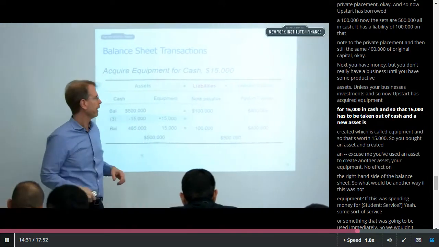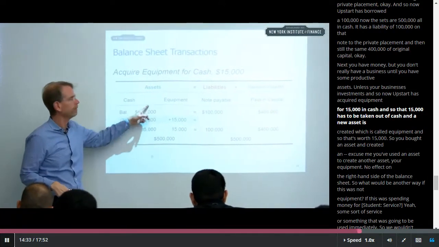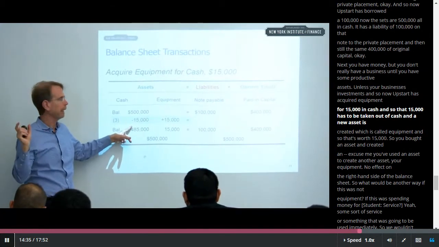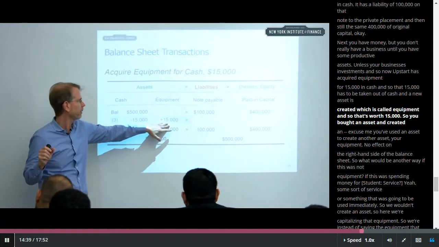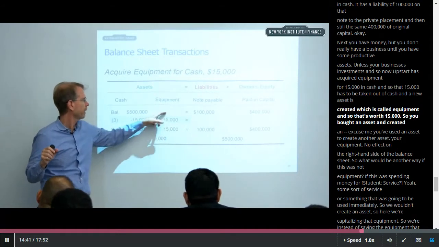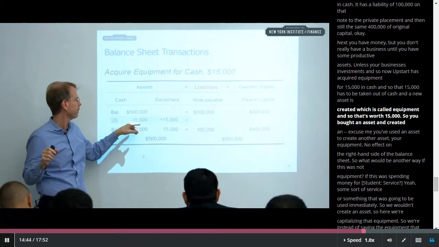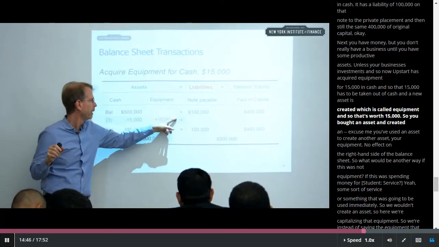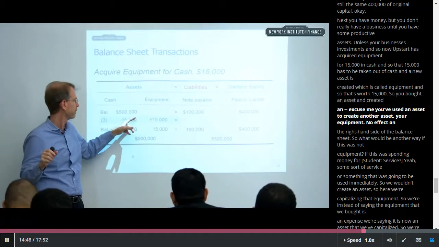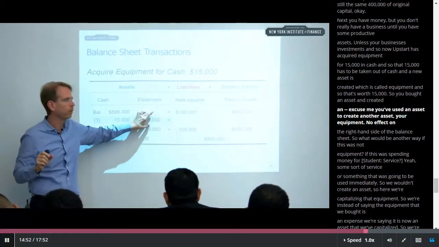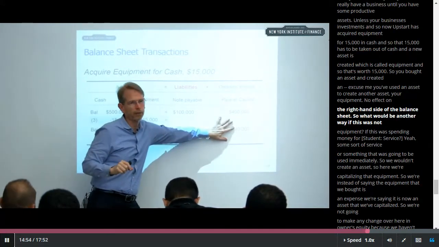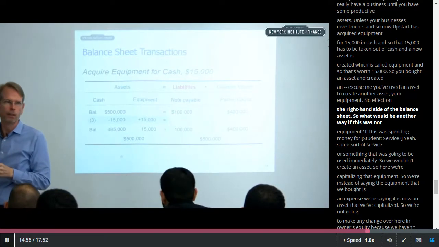That $15,000 has to be taken out of cash, and a new asset is created, which is called equipment, worth $15,000. So you used an asset to create another asset, your equipment. No effect on the right-hand side of the balance sheet.